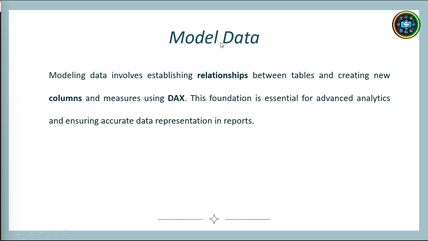Modeling the data involves establishing relationships, and there might be a requirement to create some columns, either based on an existing column, or using an aggregate function or any other function, that is called a DAX function.